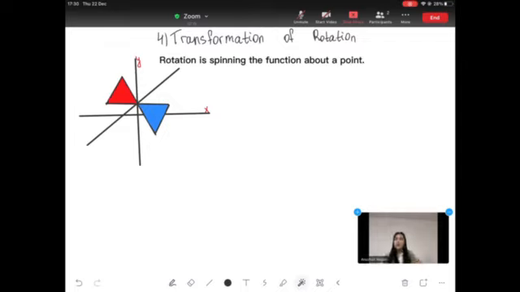Fourth, transformation of rotation. Rotation is spinning the function about a point. The shape rotates counterclockwise when the number of degrees is positive and rotates clockwise when the number of degrees is negative. The general rule of transformation of rotation about the origin is as follows.